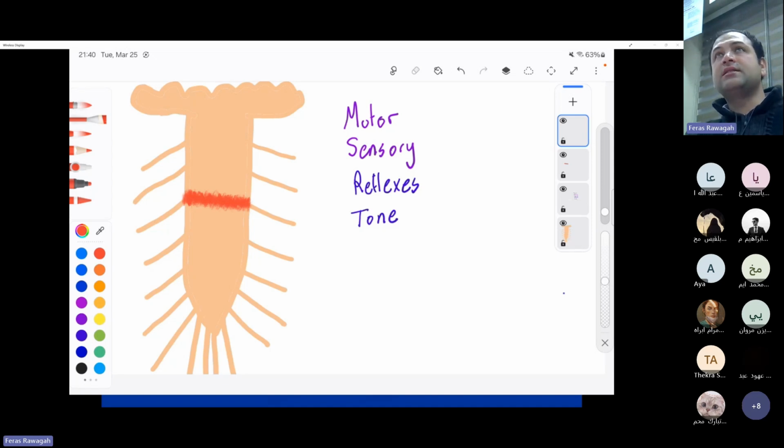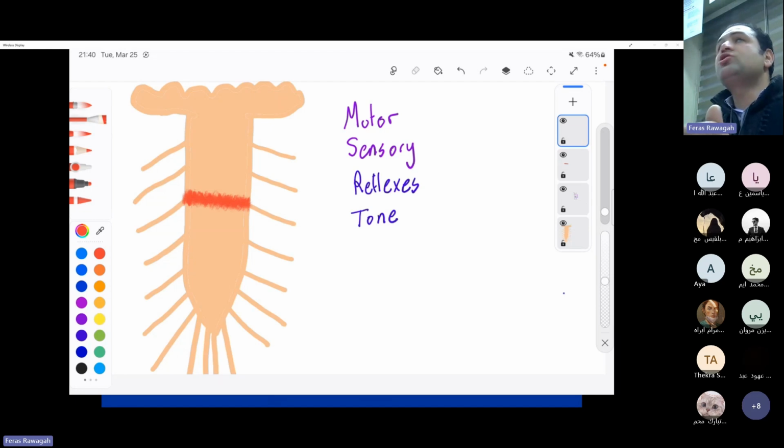We have 8 cervical segments, we have 12 thoracic segments, and we have 5 lumbar segments and 5 sacral segments of the spinal cord. And from each spinal segment come out 2 nerve roots on the right and on the left.